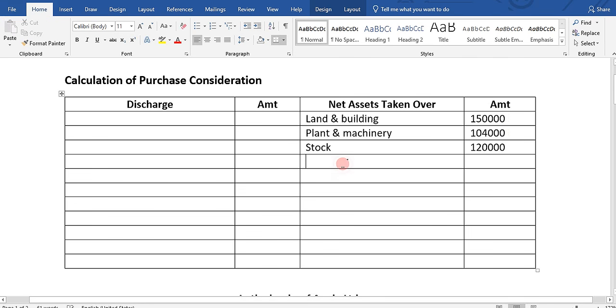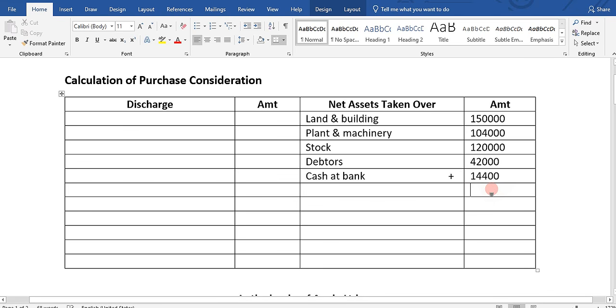So these are all assets taken over by Banana Limited. Debtors 42,000 and cash at bank 14,400. So these are all assets taken. So now add all the assets.